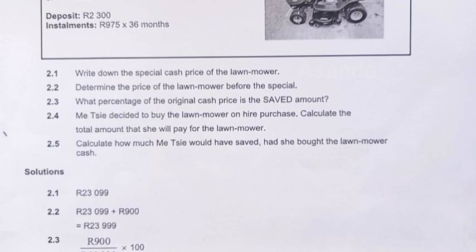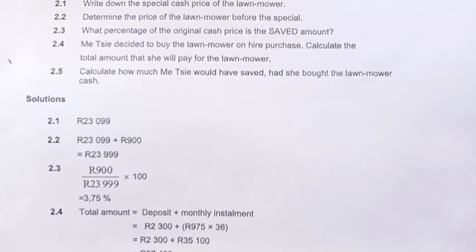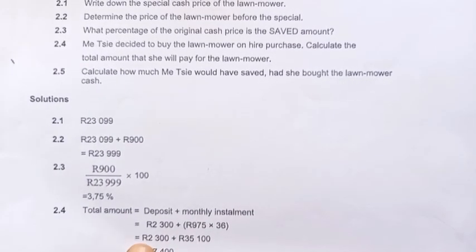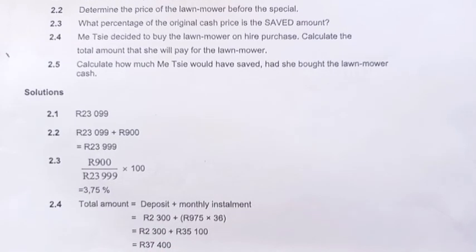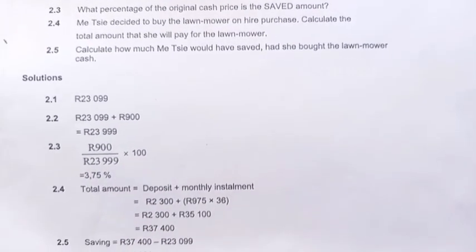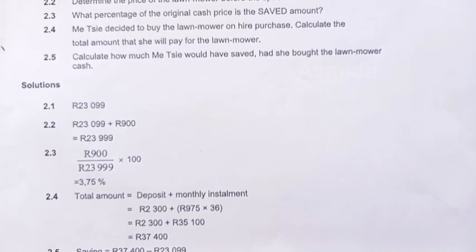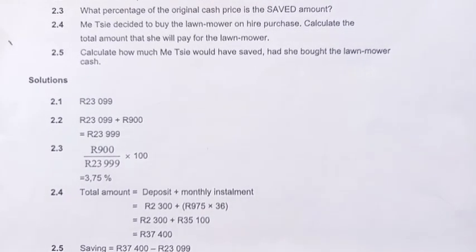So she's going to pay 975 rand times 36, which will give us 35,100. And then on top of that, remember the deposit. So plus the deposit, and the total that she will pay is 37,400, right?